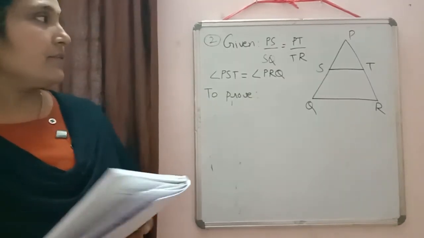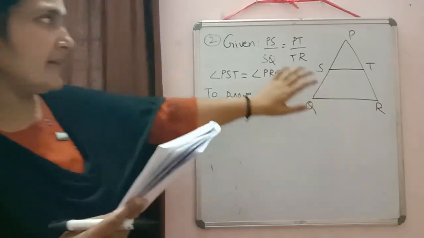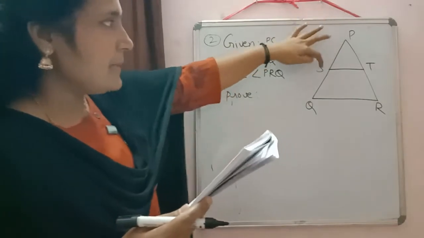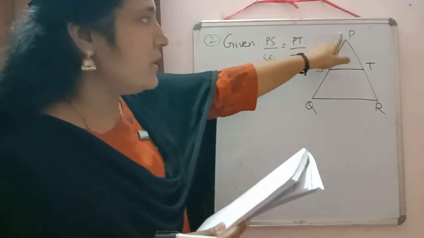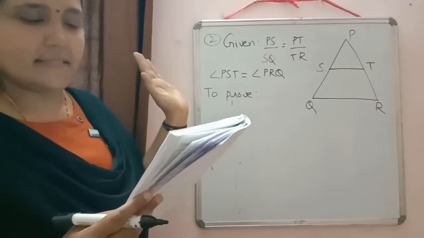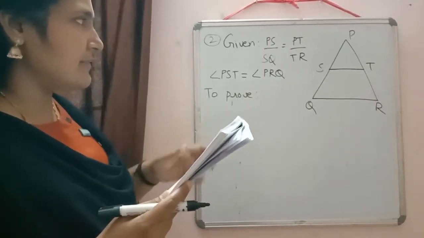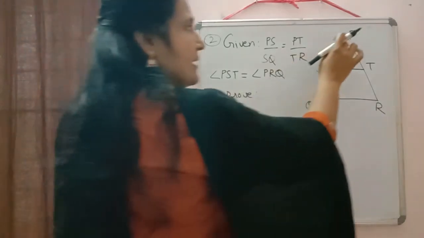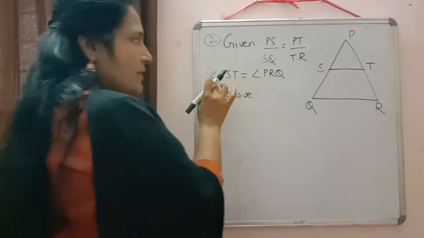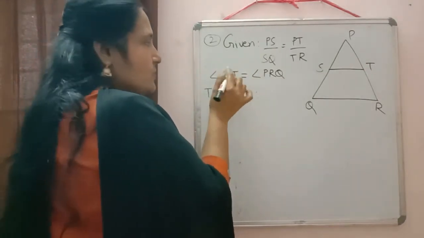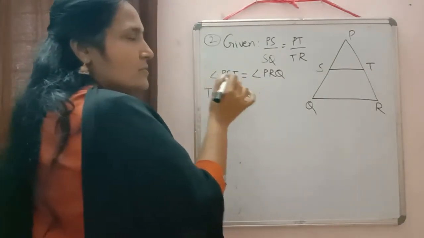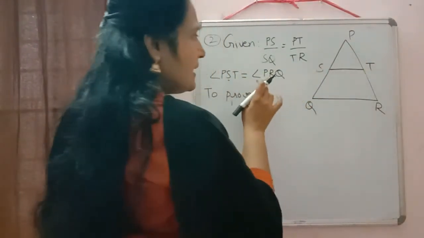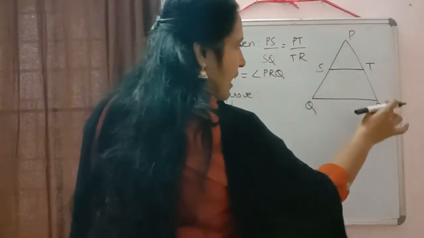Now, in the second question, I have already drawn the diagram and written what is given. You can check in the question, it is given PS by SQ is equal to PT by TR. This condition is given, and one more condition is given, angle PST. Whenever the name is written in this way, the angle is found in the middle, so the angle is at this point S. Angle PST is equal to angle PRQ.